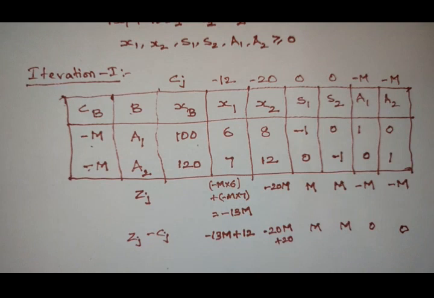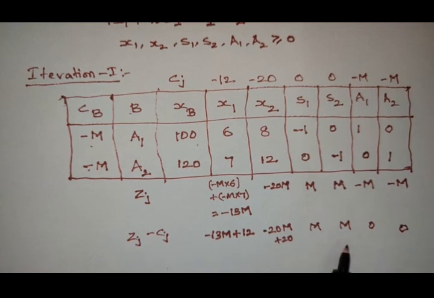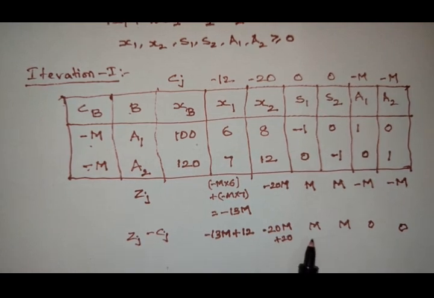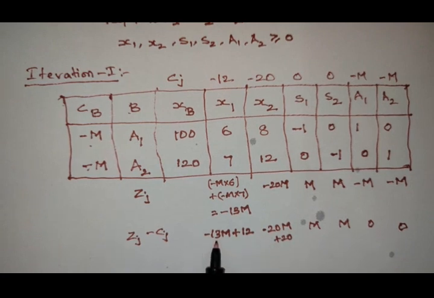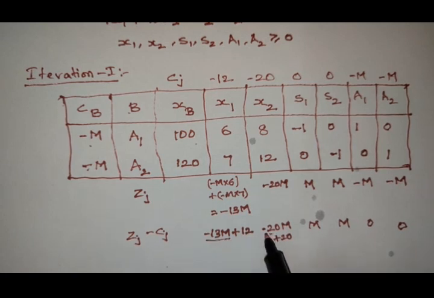So now our ultimate aim is to get all positive values in the Zj minus Cj. Now see about M. Here we have got minus 13M and minus 20M, so that means we got negative values of M. So in Zj minus Cj we got negative values.